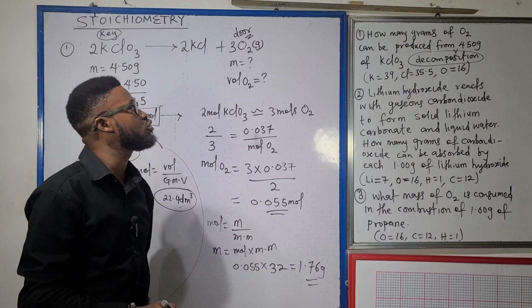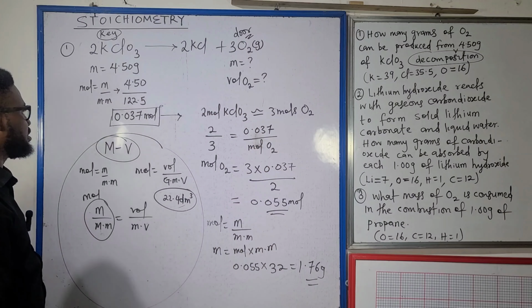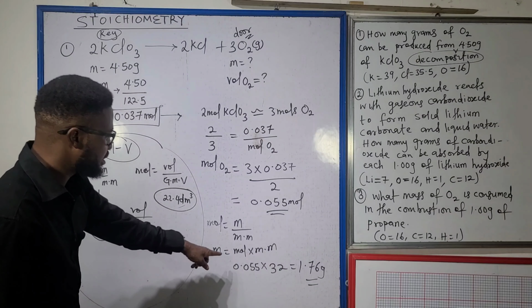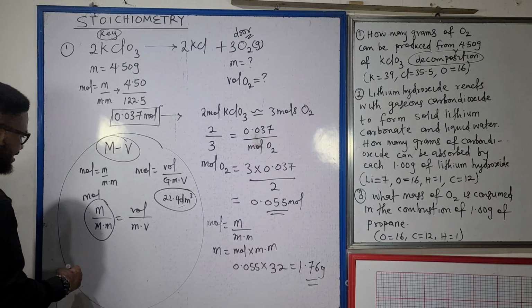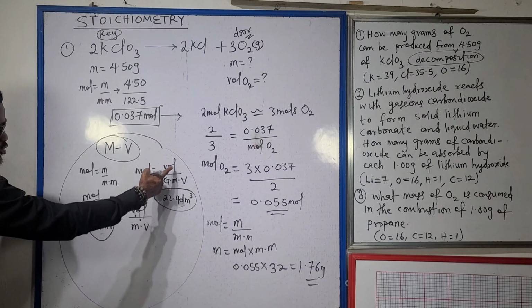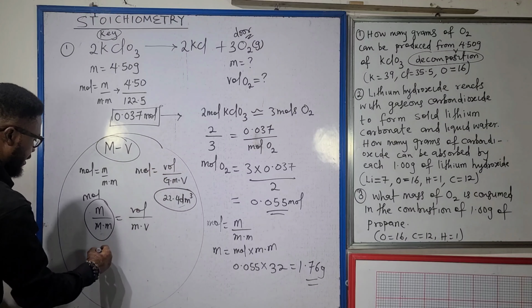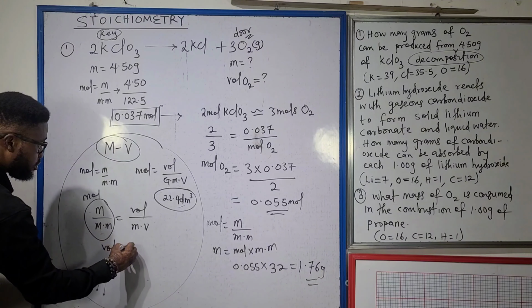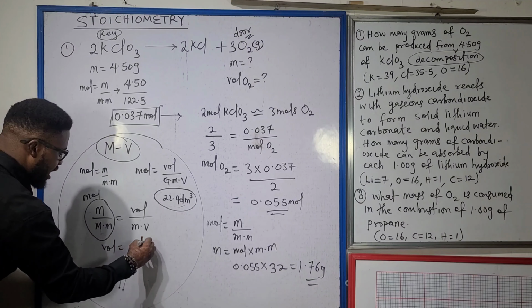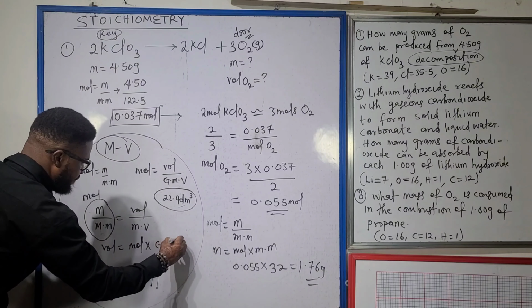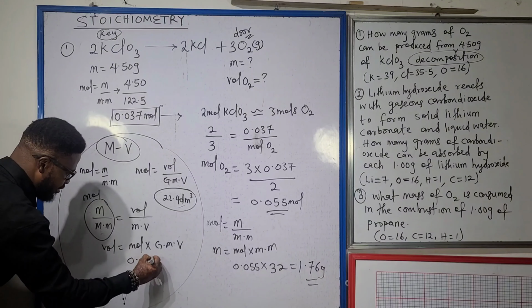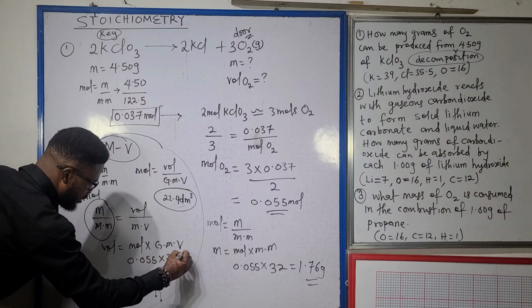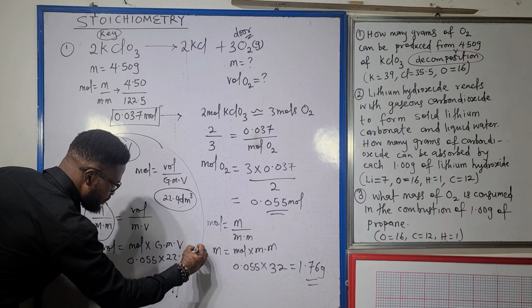So imagine I was told to look for the volume of oxygen here. Very easy stuff to deal with. Since the mole of my oxygen is 0.055, if I make volume the subject, my volume is going to be mole times gas molar volume. So that is 0.055 times 22.4 dm cube.